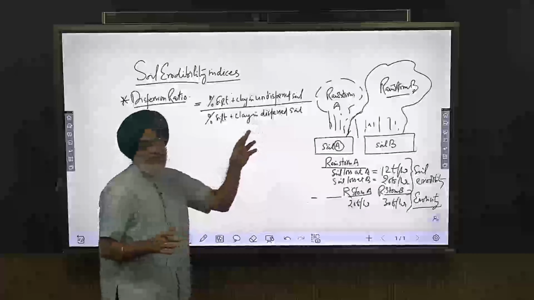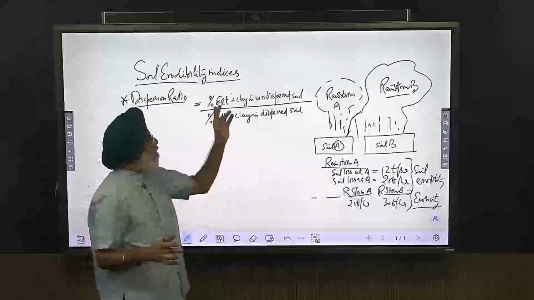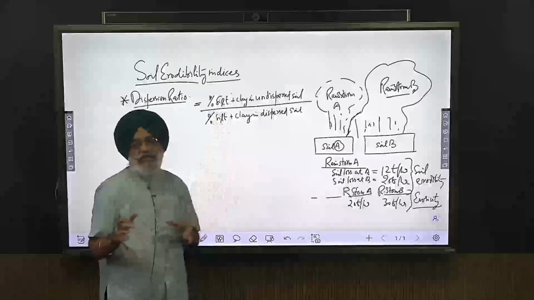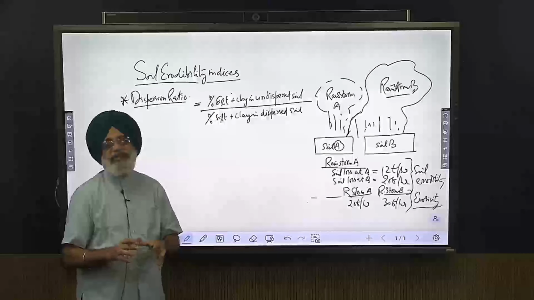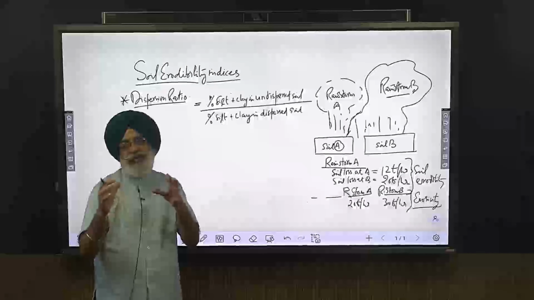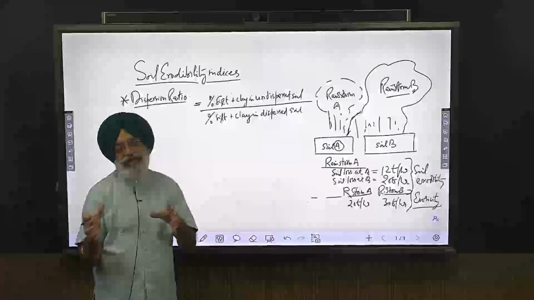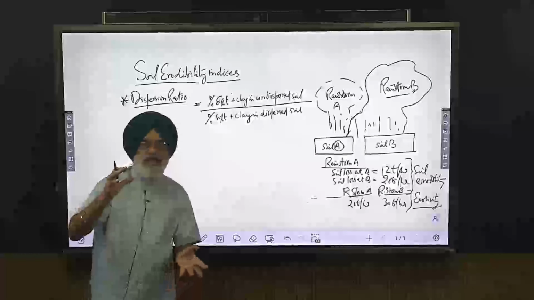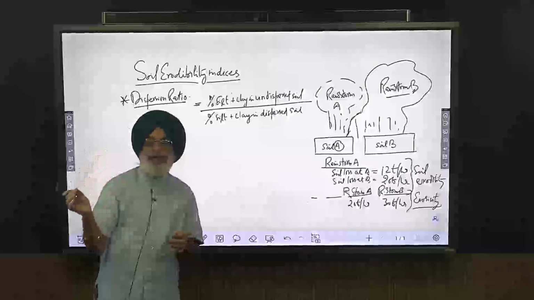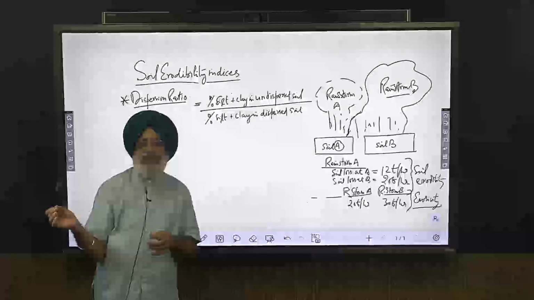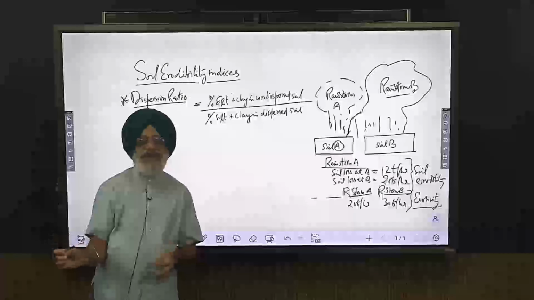Now, in this case, in the numerator, you do not have to disperse the soil. You simply put the soil in water, shake it for 2, 3 or even 5 minutes, end to end shaking, and then you take out a sample as you do in mechanical analysis or particle size distribution analysis.